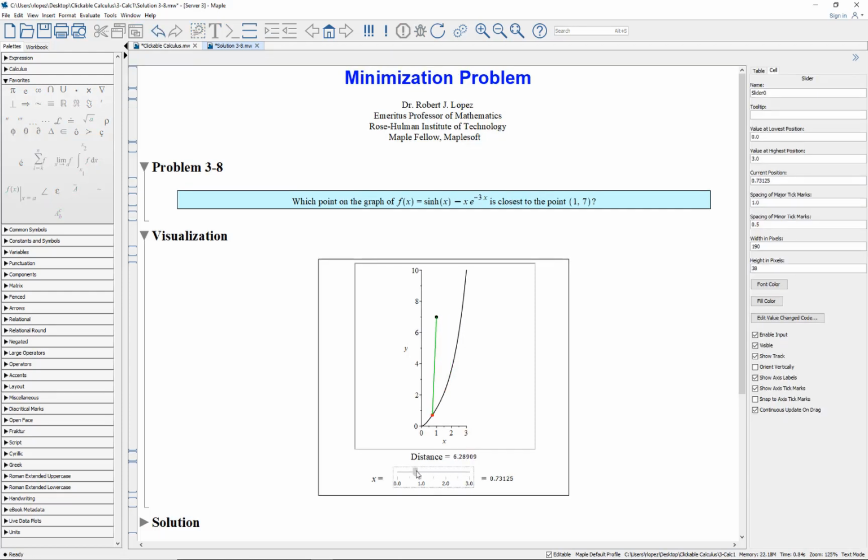As I move this slider, the length of this green line is written here, and the x-coordinate is written here. So the slider is controlling the x-coordinate of the point on the line, and we're trying to make this number as small as we can.